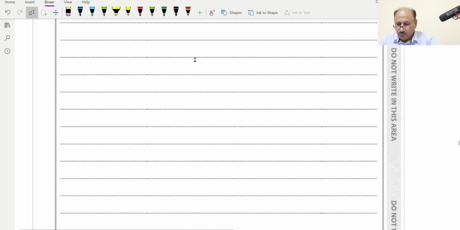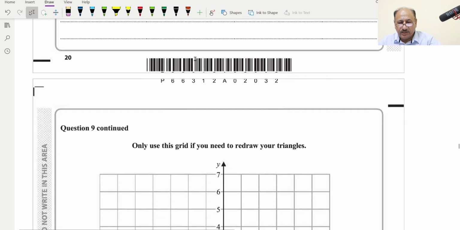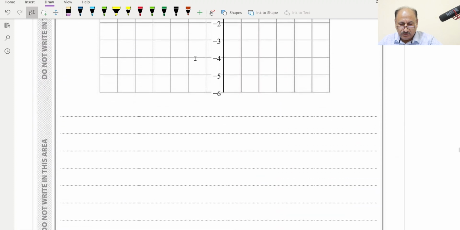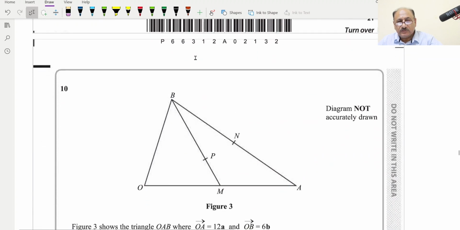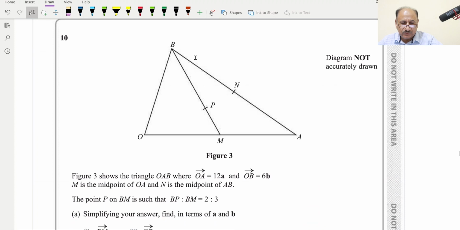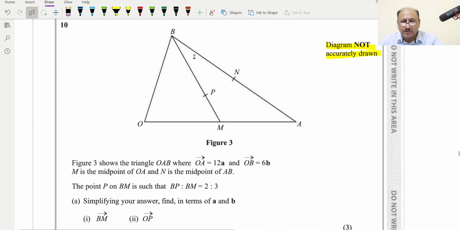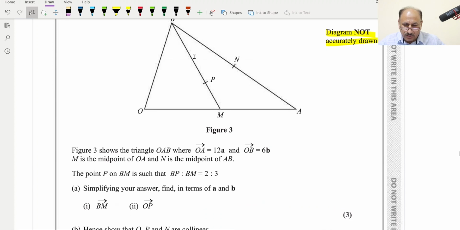And now we can move to the next question, question number 10. Question number 10 is again a diagram which is not to scale. So this is the diagram which is not accurately drawn, and this is basically a vectors question, and we'll be going through the question and we will be incorporating the information on the drawing also.